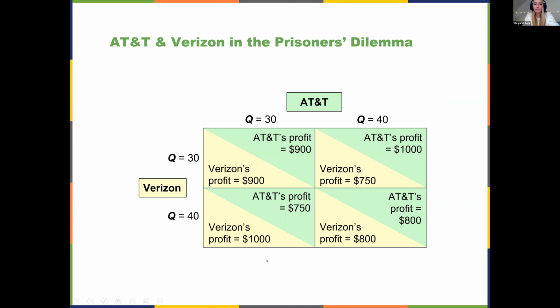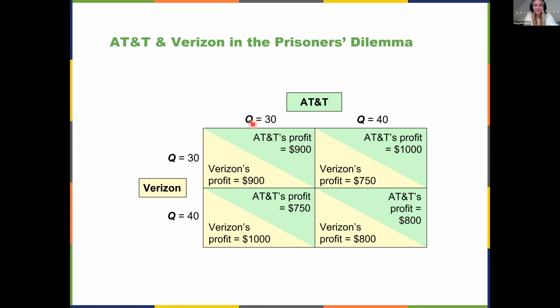So if AT&T and Verizon both produce the monopoly outcome, they will split the monopoly profit right down the middle and walk away with $900 each.